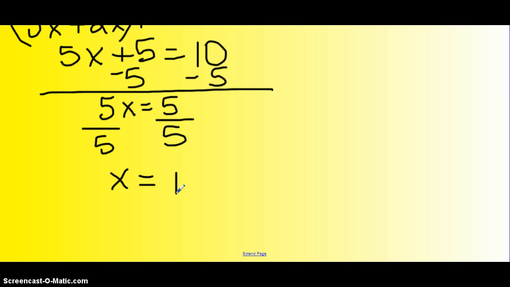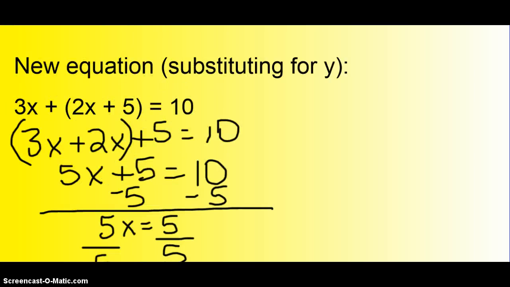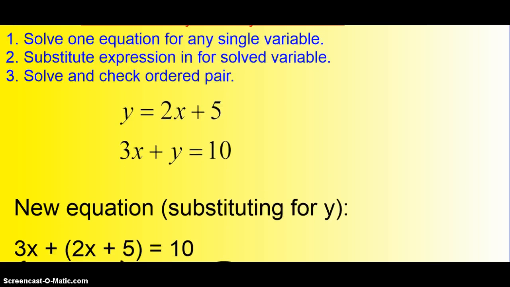Well, that's all great, but now how do I get my y? Because remember, we're trying to solve so that we have a coordinate point. So if x is equal to 1, I'm going to move back up to my original equation. If I say x is equal to 1, and that's the first part of my coordinate point, I've got 1. But I want to know what y is equal to. Well, I can substitute in x into either equation.